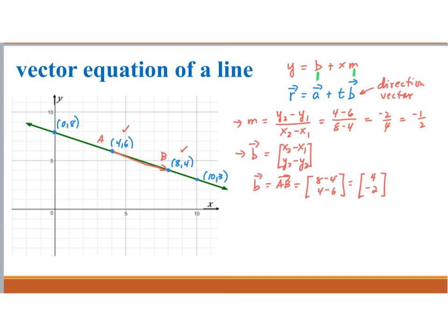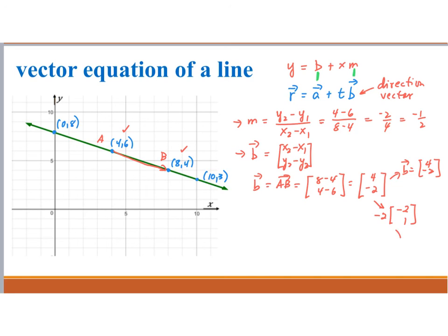Actually, you could already use this as your direction vector, but if you simplify this and factor out negative 2, you could write that as negative 2, 4 divided by negative 2 is negative 2, and this is 1.